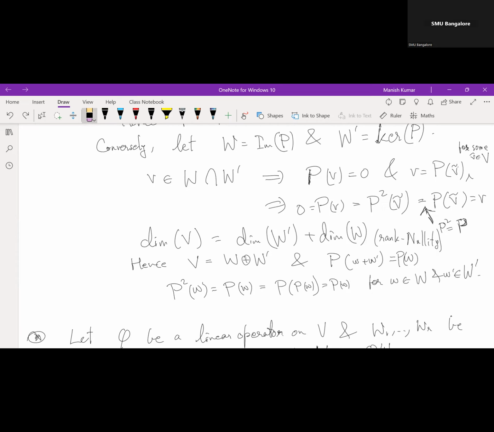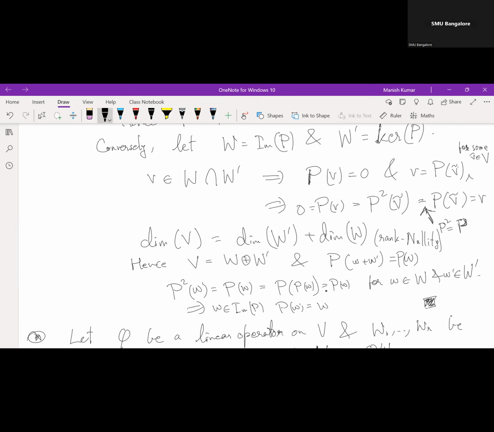So that tells you that for all W in the image of P, if you apply P to it, you get W. This identity proves that. So that completes the proof, and that proves the other direction as well. Is that okay?